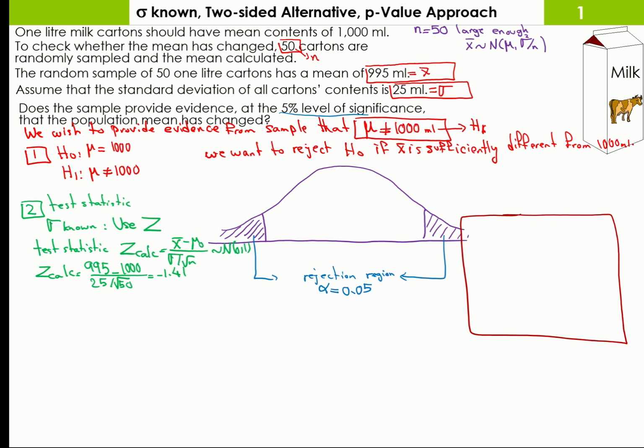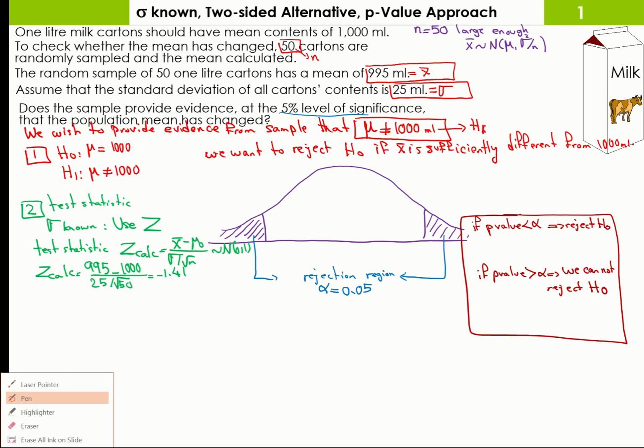We say that if the p-value is smaller than alpha, then reject H0. And if the p-value is greater than alpha, we cannot reject H0.